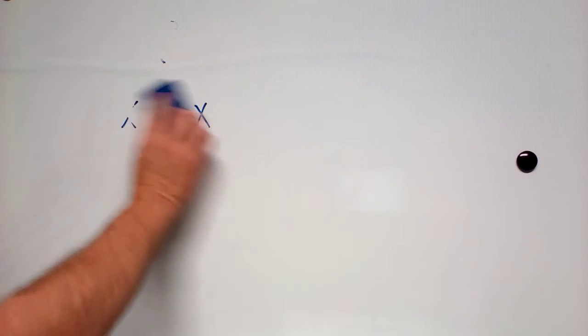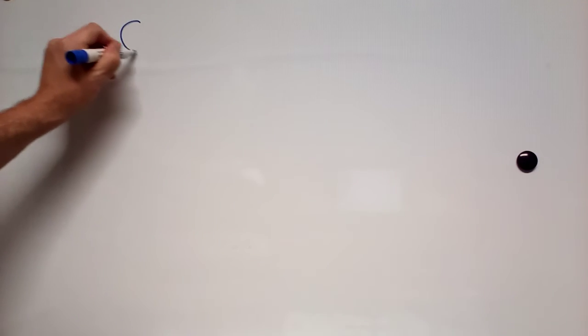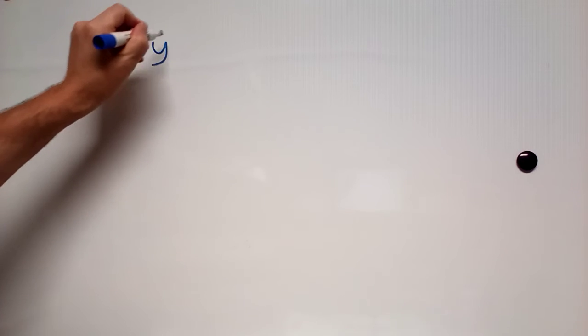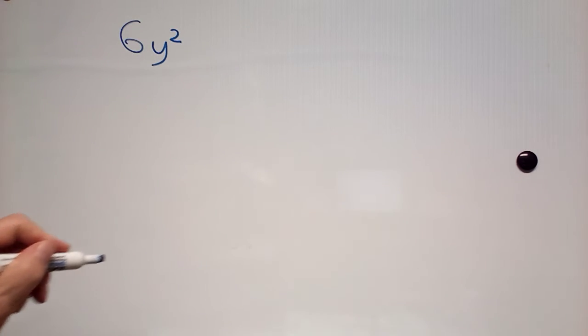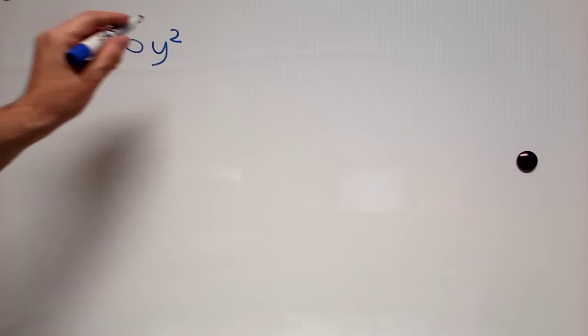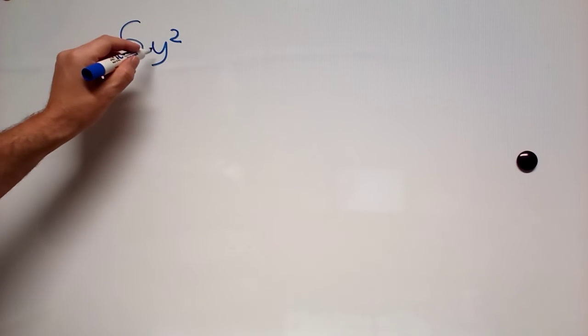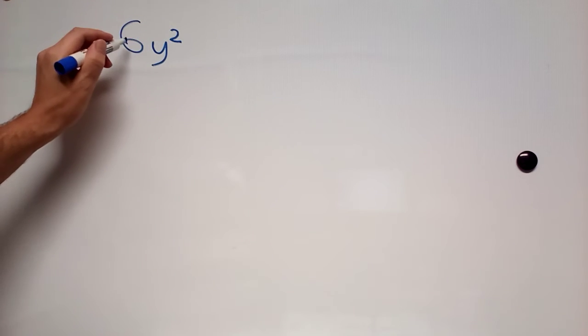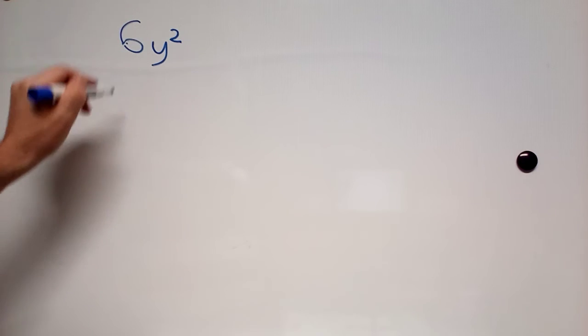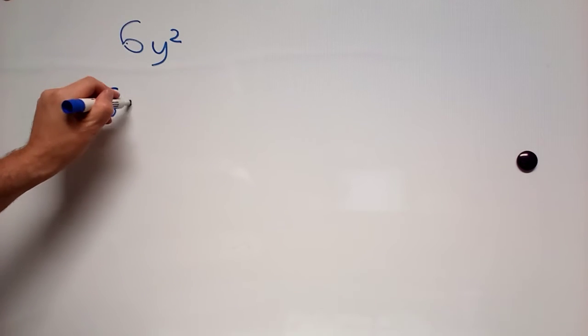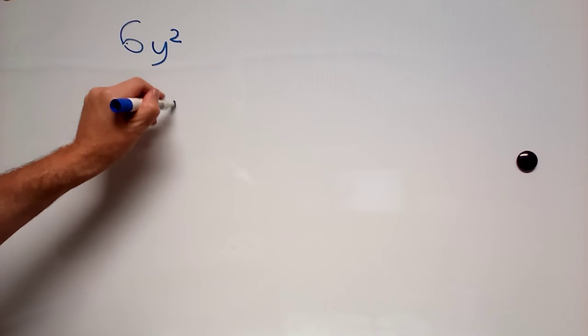So if we have an expression 6y squared, that square only applies to the y. It does not apply to the 6. So this is the same as 6 times y times y.